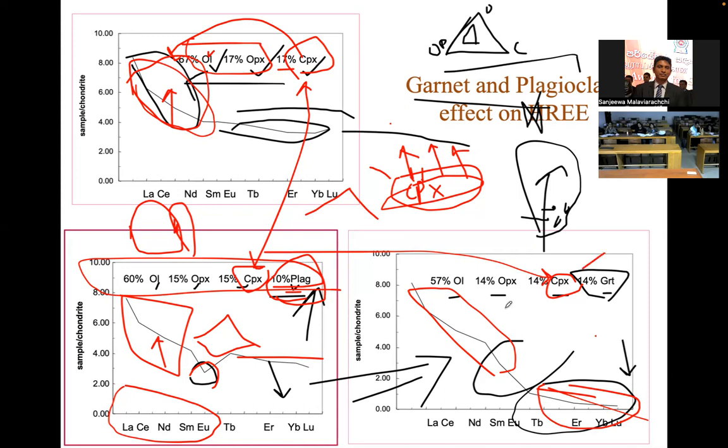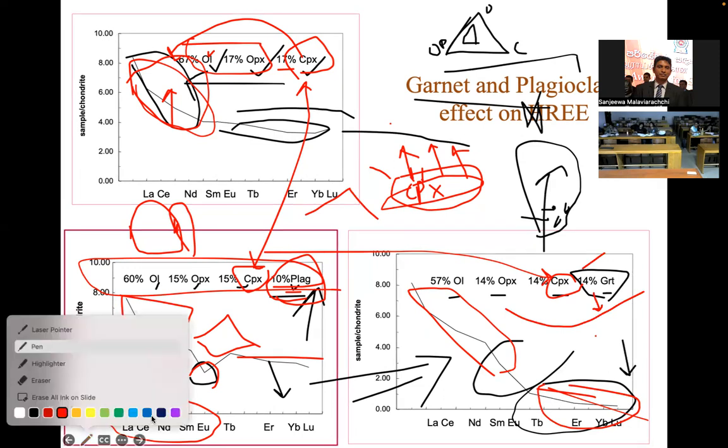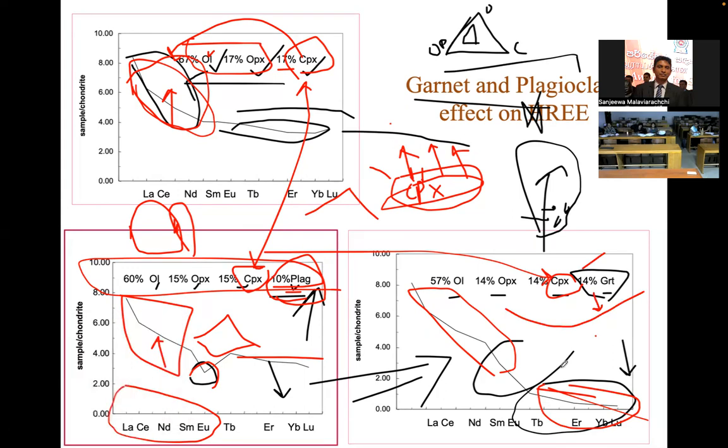So in that case, your rock might even show you this type of pattern, because the more you include into the melt, the garnet composition, the less you see here the depletion. For example, in your melt, if you are enriching garnet little by little, this pattern will turn into something like this, right? Like this, and then finally maybe like this, right?